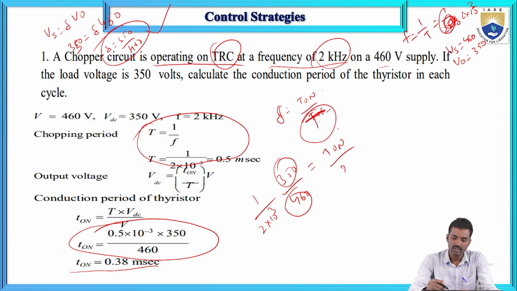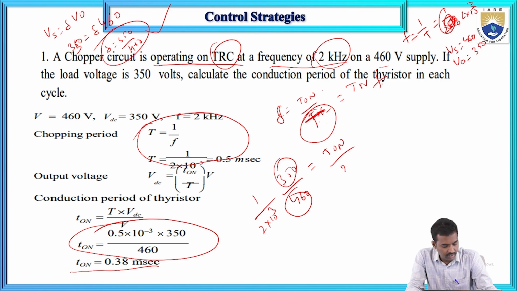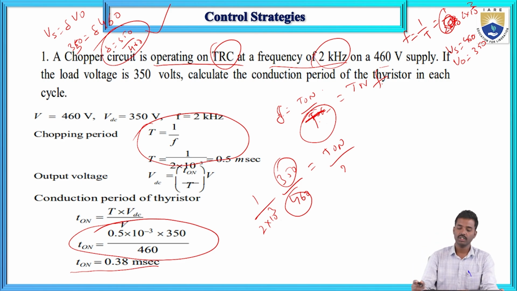So delta equals T on into f, with f in the denominator. Here T on you need to calculate, and that equals 0.38 milliseconds. T off you can also calculate: T on plus T off equals T, that equals 1 by f.